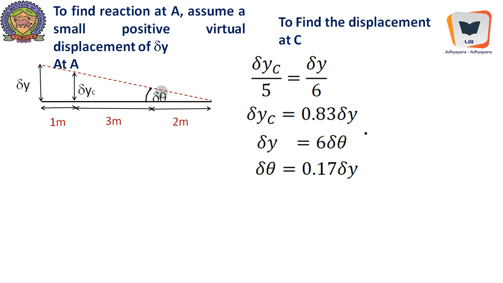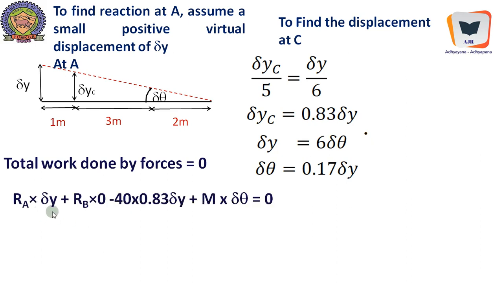So we know the displacement owing to the vertical load and owing to the moment, and we will just multiply them and we will equate the work done by the forces equal to 0. So RA into del y, this is where we have lifted. RB into 0, there is no virtual displacement. Minus 40 into 0.83 del y, minus 40 because the load is coming down again, plus m into del theta.